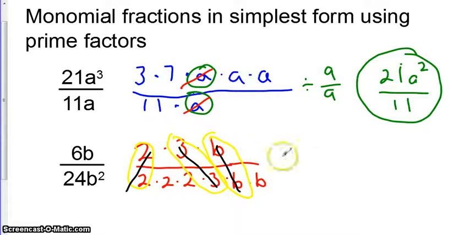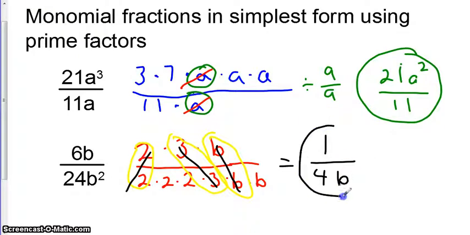I am left with nothing at the top. But when there's nothing at the top, we actually have a 1. 1 at the top. We have 2 times 2, which is 4, and then 4 times b at the bottom. So 1 over 4b becomes our answer for this one in simplest form.